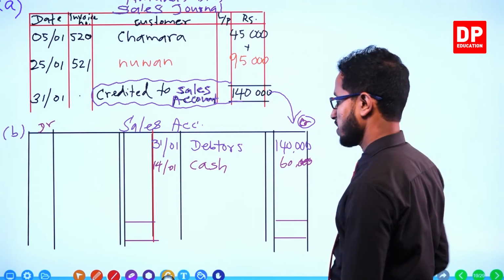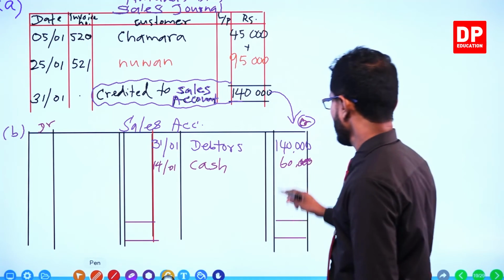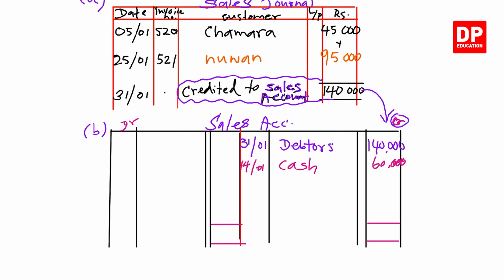Credit side, we'll take the addition. 140 plus 60, 200,000. Same 200,000 should be on the debit side. You know how to balance an account.